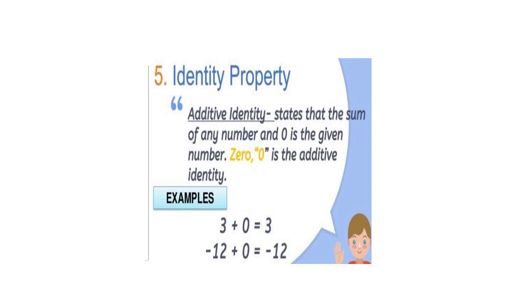It states that the sum of any number and 0 is the given number. So 0 is the additive identity. 3 plus 0 is 3. Minus 12 plus 0 is minus 12. 0 when added to any number gives the same number as result. So 0 is the additive identity for addition.